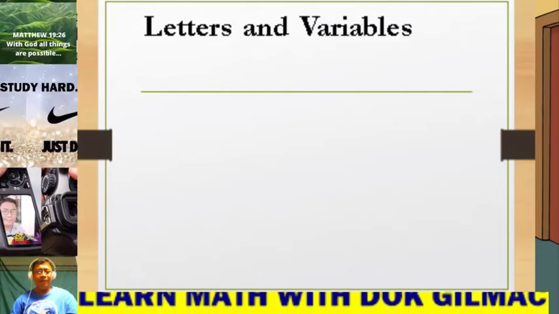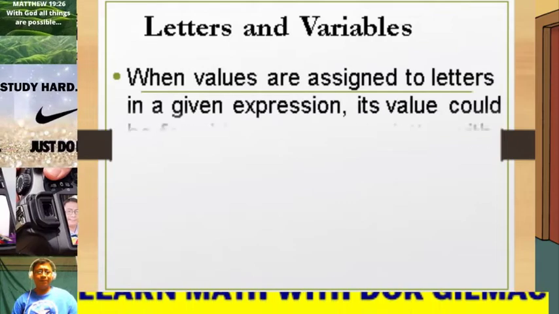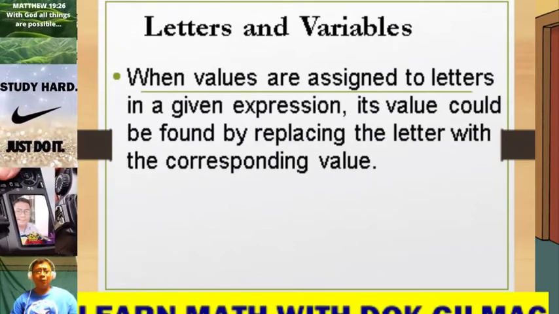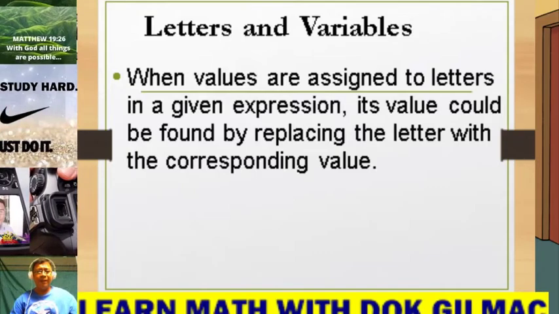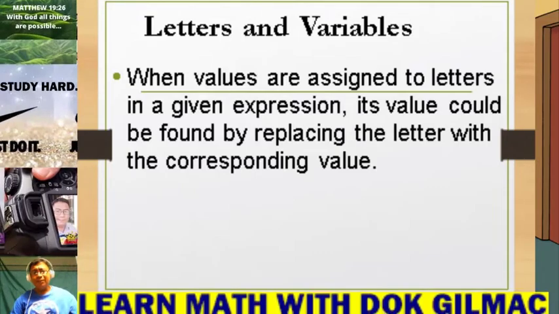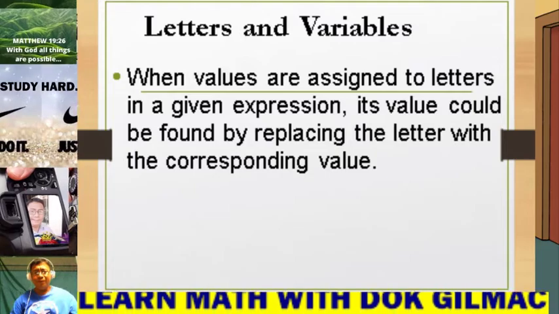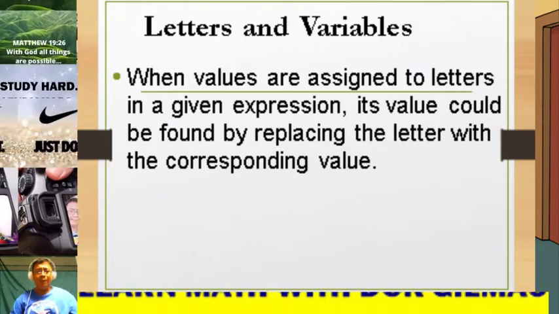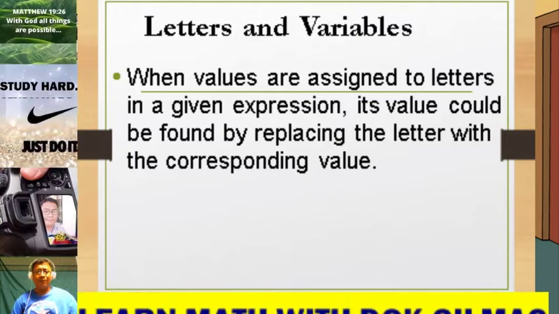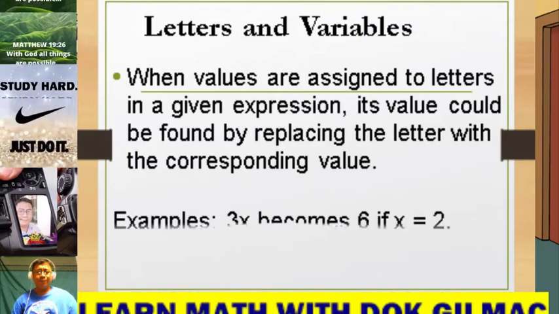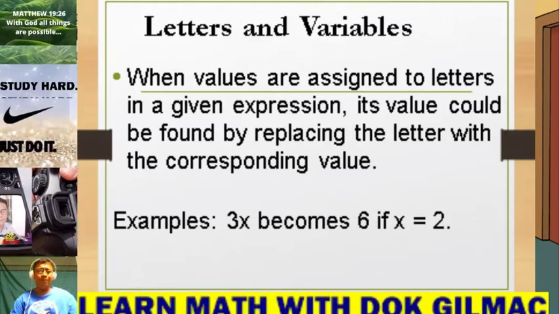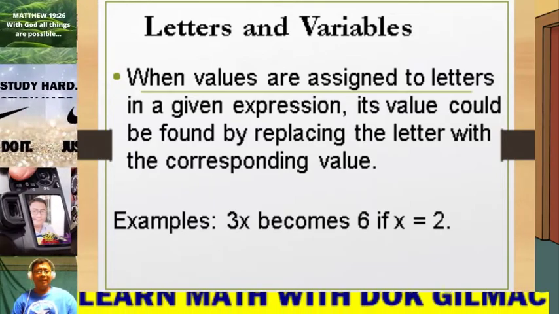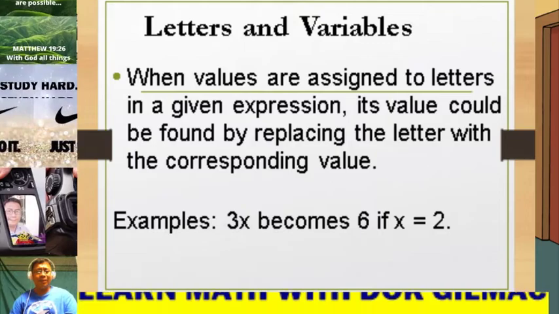Letters and variables. When values are assigned to letters in a given expression, its value could be found by replacing the letter with the corresponding value. For example, 3x becomes 6 if x is equal to 2.